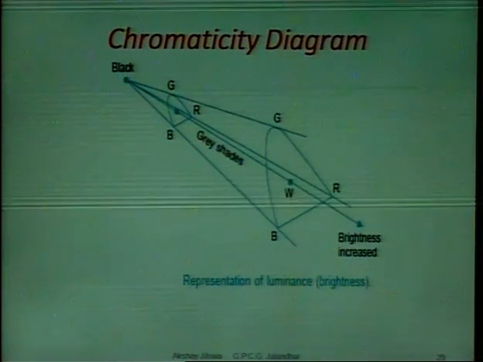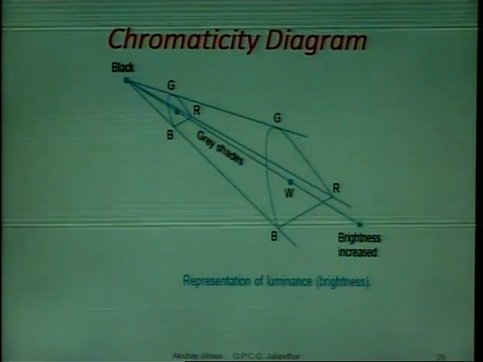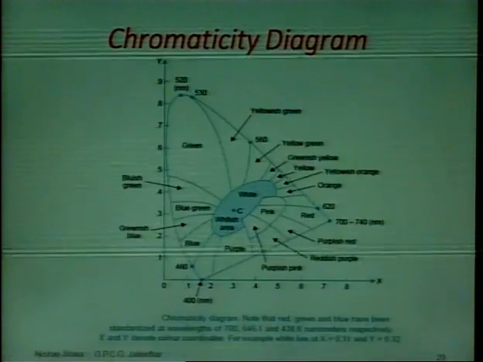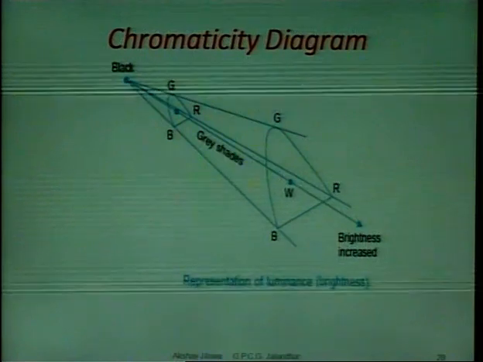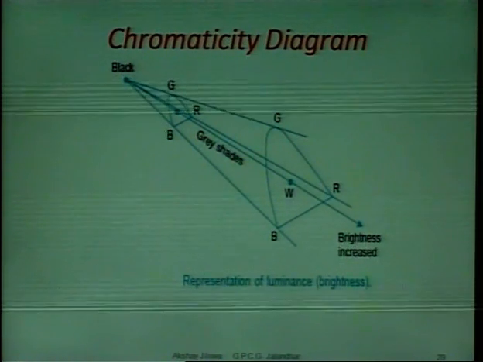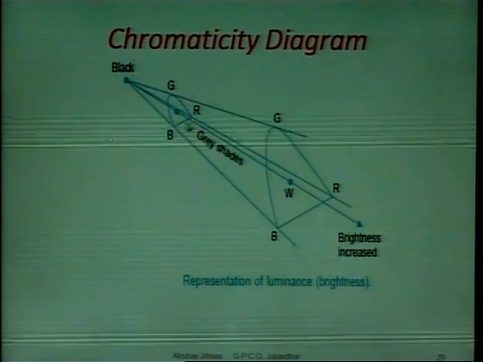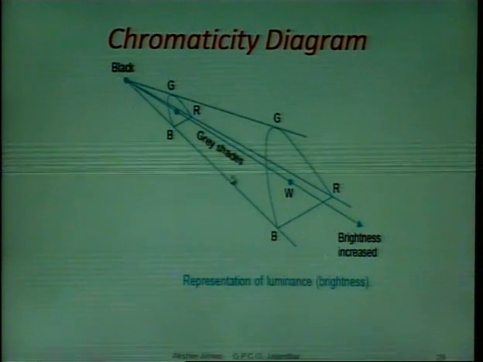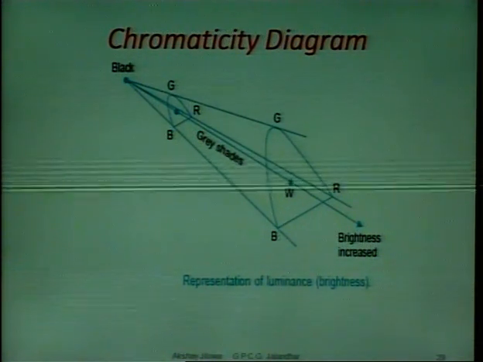This is a 3D representation of how a particular color has got its brightness. The chromaticity diagram we just have seen is in 2 dimensions. This is in 3 dimensions. In 3 dimensions, if it is black, we will see it very deep. If it is gray, we will see it somewhat above that, and if it is purely white, it will appear as if it is coming out of the picture.